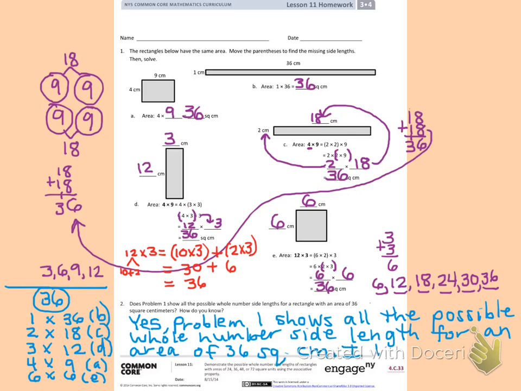I know this because I made a chart of factors.